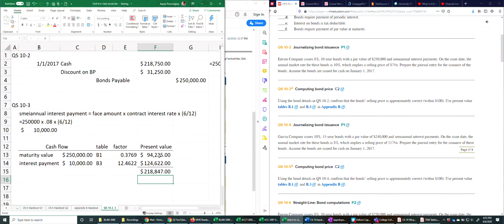And we get $218,847, which is actually probably a little more accurate number than we have here, but it does fall within the range that the problem gave, within $100. That's how you price bonds.